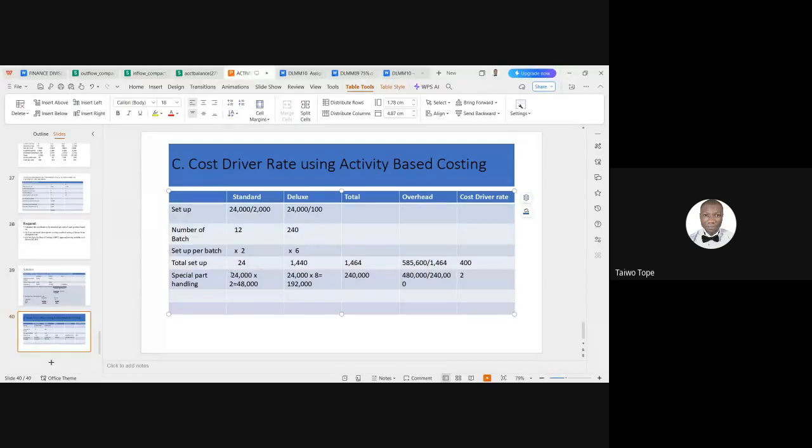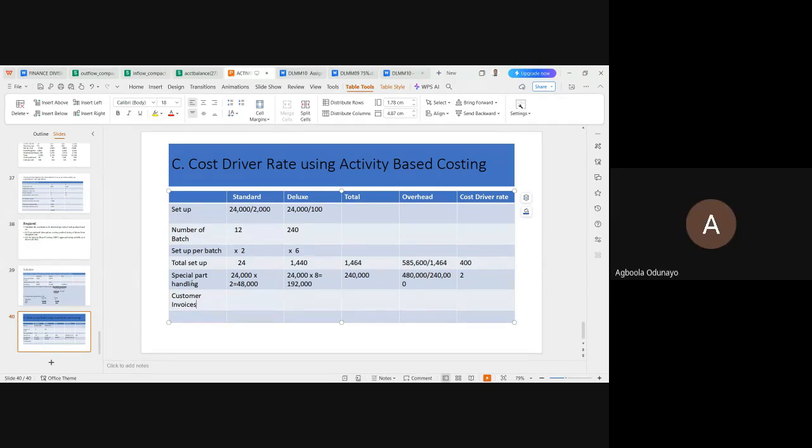Yes, so the next activity is what? Customer invoicing. Now, what is the story about customer invoices?